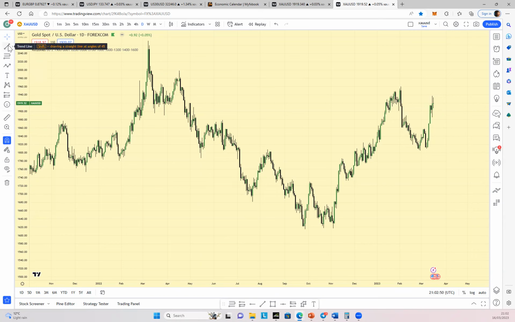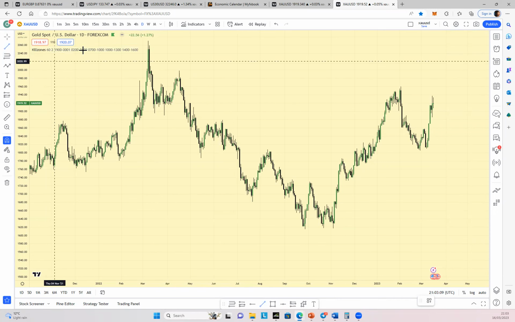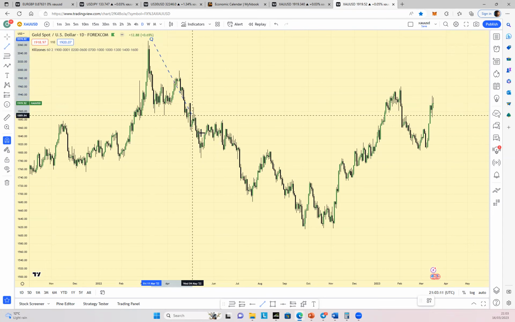So when I'm looking at this chart myself, I can just about make out that it is going down from just before June, from the candle just before June, the lowest candle.